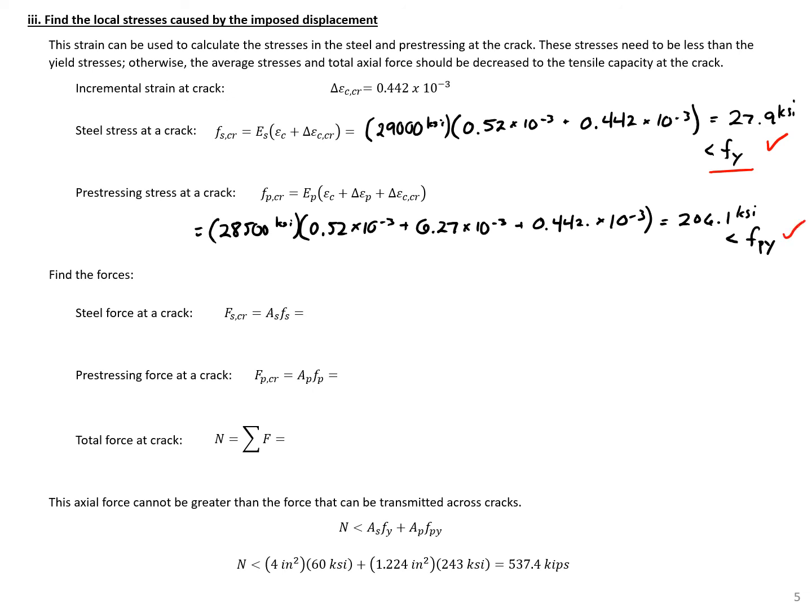All right, next we need to find our forces, and we can just do that by taking our stress times our area. So in the steel, we had 4 square inches of non-pre-stressed steel times 27.9 KSI. Will give us a force of 111.6 kips.